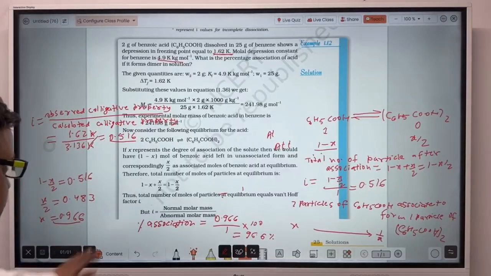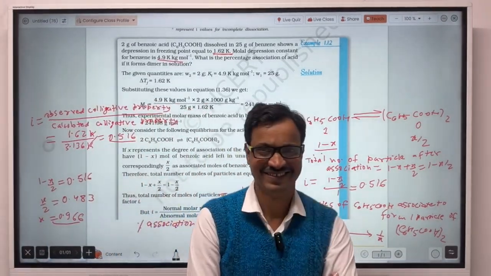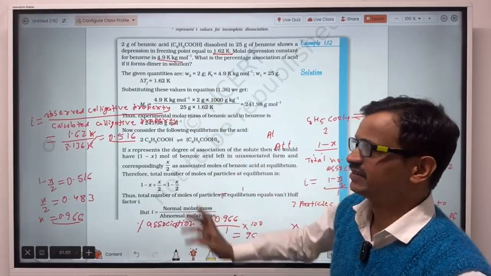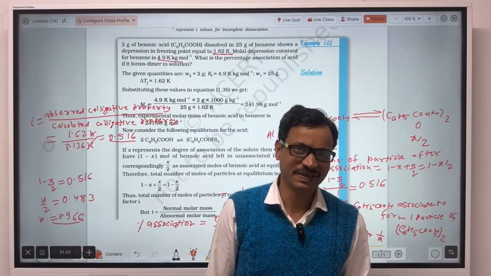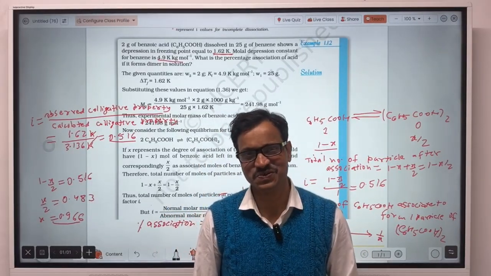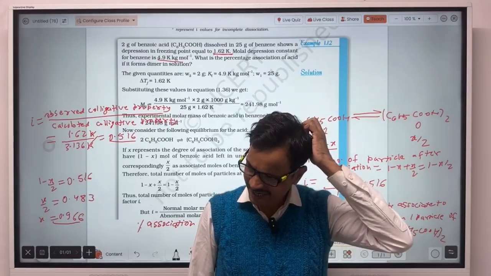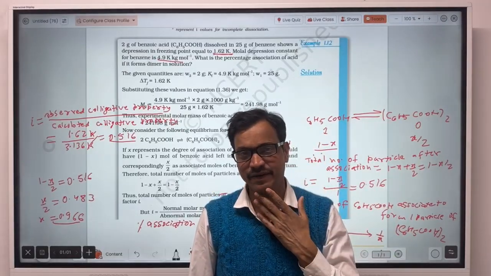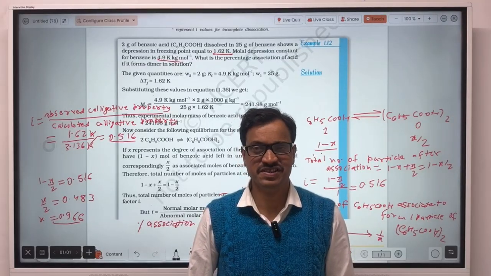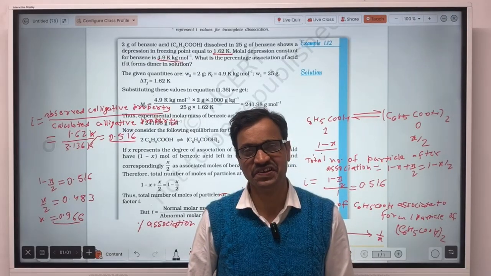So the percentage association of benzoic acid will be 96.6%. Okay guys, clear here? This question was asked for 3 marks in the 12th board examination, and there is a high probability of this question being asked in JEE Main as well as in the NEET examination, and in JEE Advanced this question will be asked in modified form.